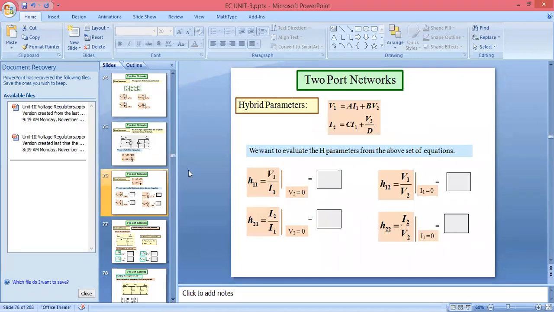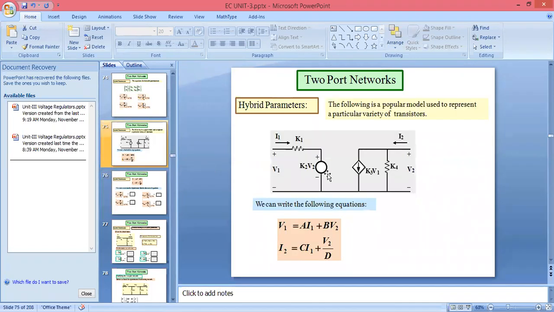If we are calculating H11, H12, H22 directly by using this formula, you will get the values, because in that they have given these values K1, K2, K3, K4 in this form.